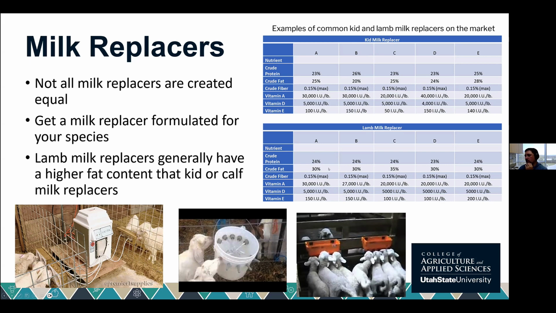So if you're looking at buying milk replacers for your small flock, you may want to go species specific, because lambs do require a little bit more fat or energy than goats do.